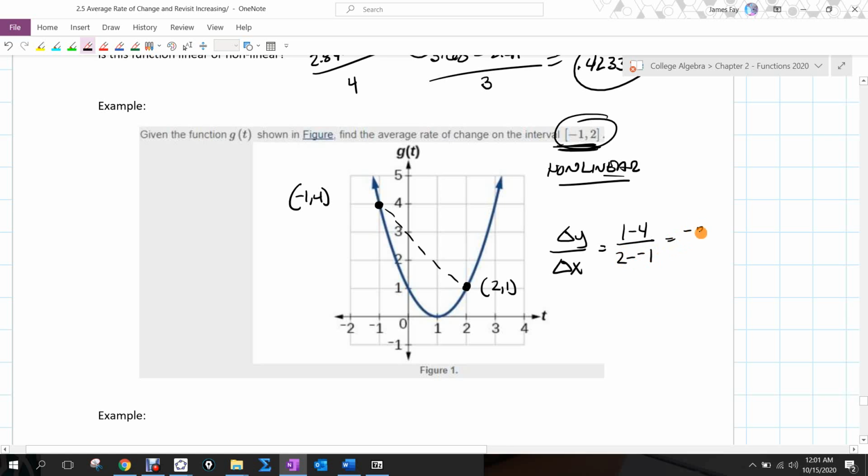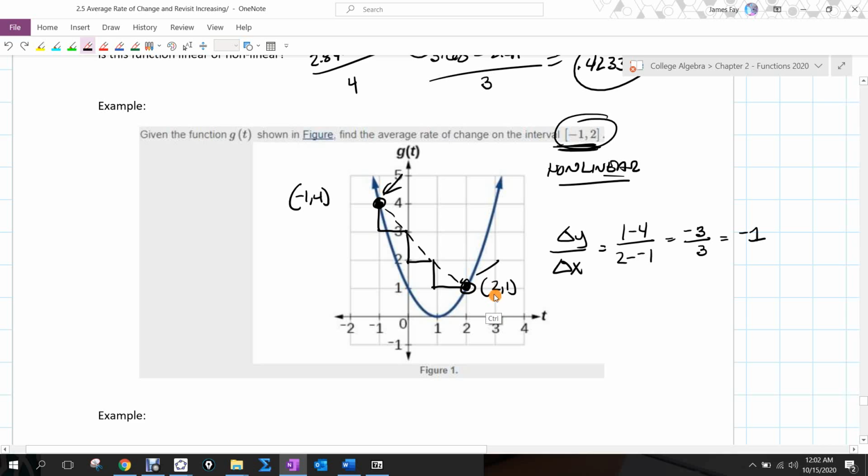That gives me -3 over 3, so it gives me -1. And what that means is that if I go from here and I decrease my amount by 1 for every one unit on the x-axis, so essentially go down 1 as I move over 1, down 1 as I move over 1, down 1 as I move over 1, it's going to get me from that point there to that point there.